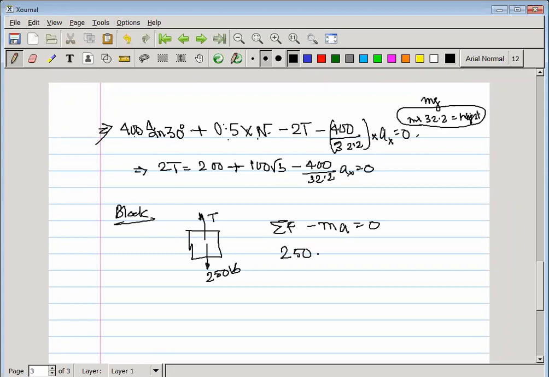Here F is 250 minus T, which gives you only the acceleration along the y-axis for A. Okay, so A, if we consider, this is A, so what we can write is 250 divided by 32.2 into AA, where T is, we have to put the value.